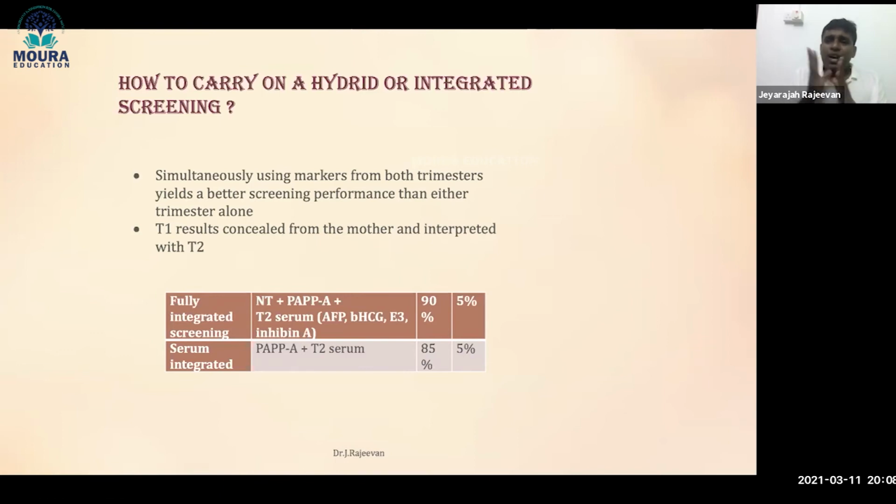So here we are using different types of screening methods. Each and every screening method has a different level of detection rate.